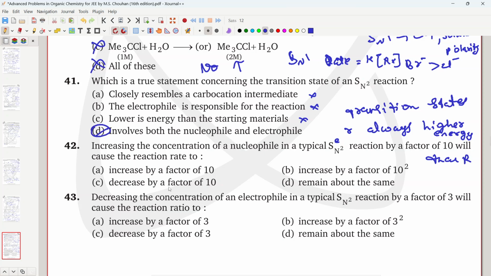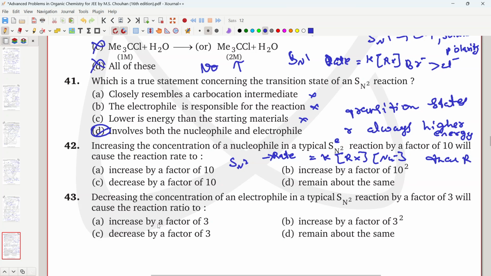Now, question number 42. Increasing the concentration of a nucleophile in a typical SN2 reaction by a factor of 10 will cause the rate to. In SN2, the rate is equal to k times the concentration of the substrate and the concentration of the nucleophile.